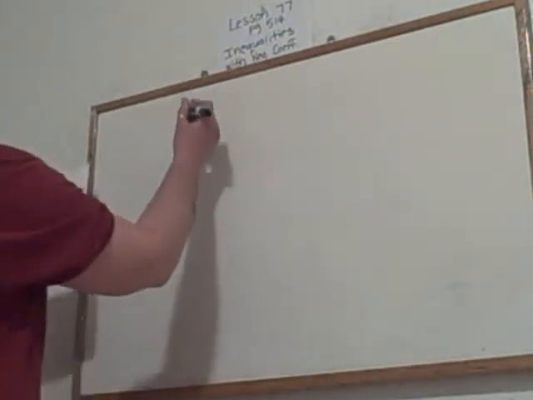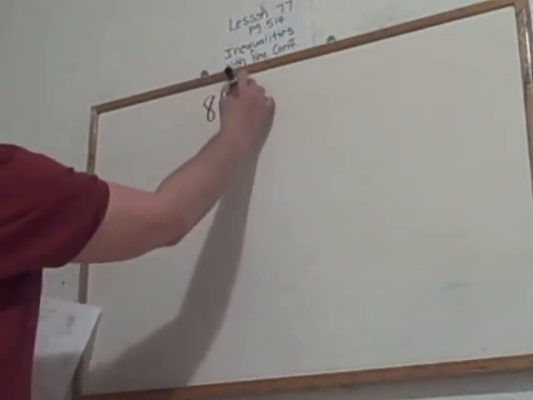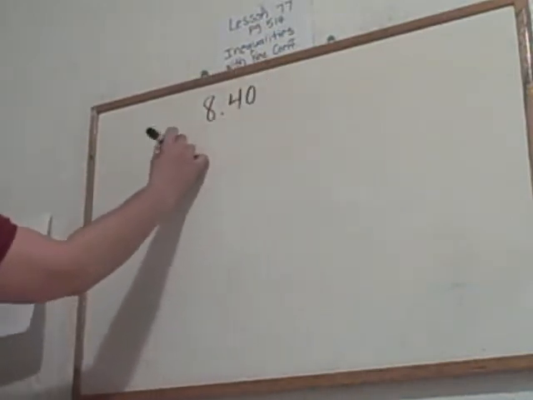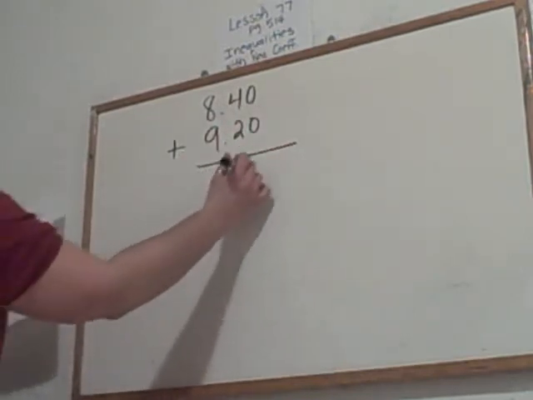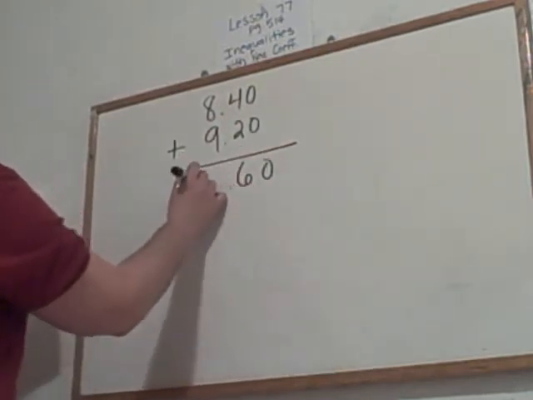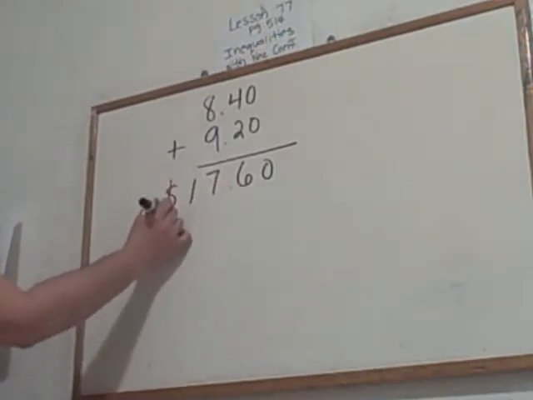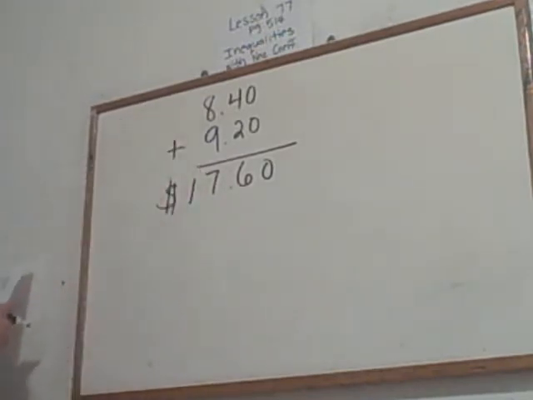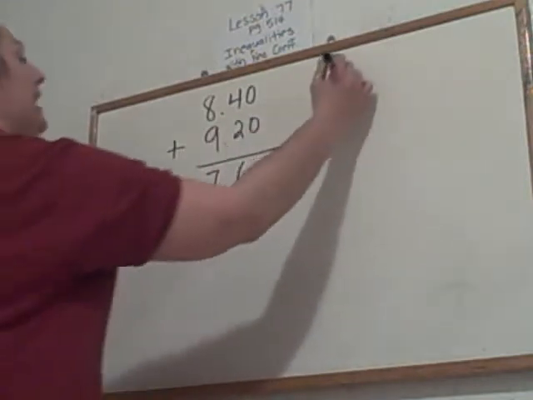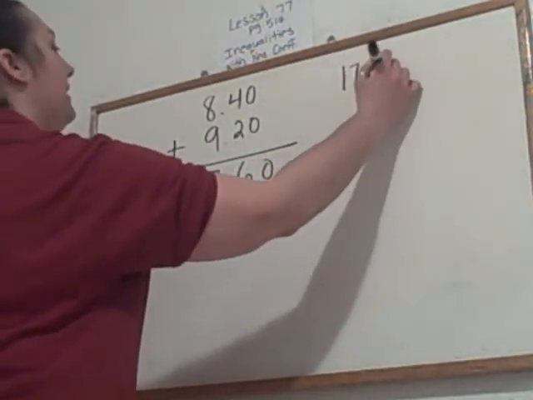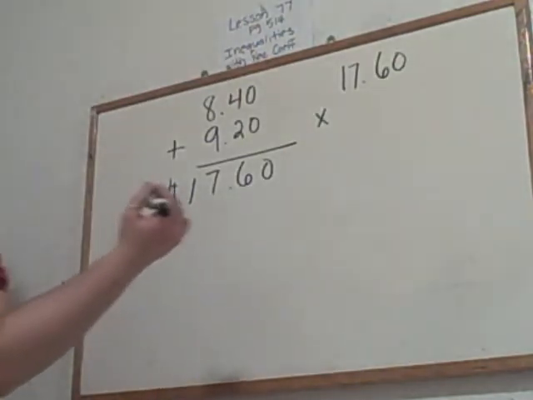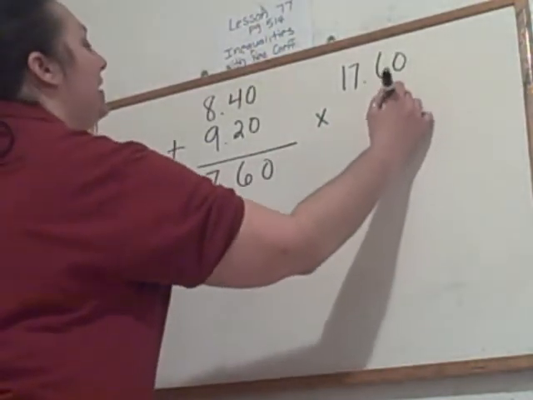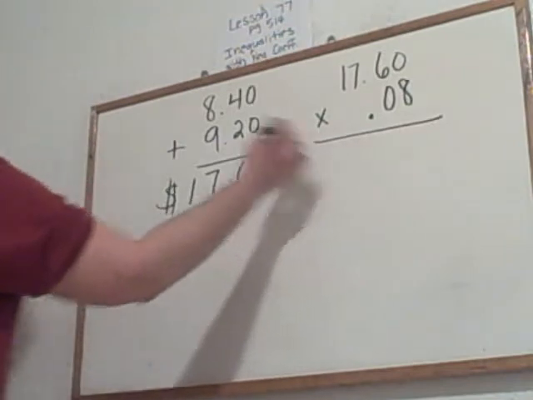So I would take the amount of the first meal, which is $8.40, and I would add that to $9.20 to get a total of $17.60 for both meals. I would take that $17.60 and multiply it by the amount of sales tax. The amount of sales tax was given to us as decimal 0.08.